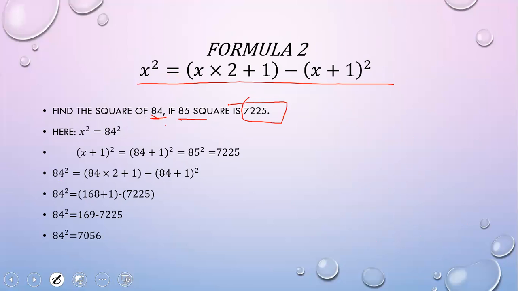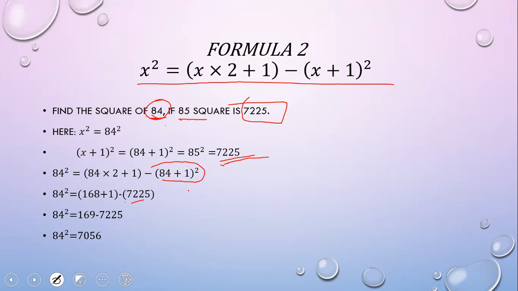In this equation, x square will be 84 because that's what we are finding. And x plus 1 is 84 plus 1, whole square, is 85 square, which is already given as 7225. 84 square is equals to 84 into 2 plus 1 minus 84 plus 1 whole square. 84 into 2 is 168 plus 1, minus 84 plus 1 whole square, which is already given as 7225.